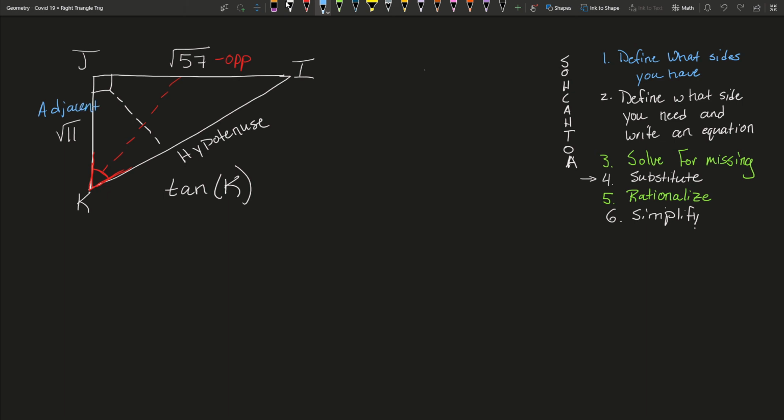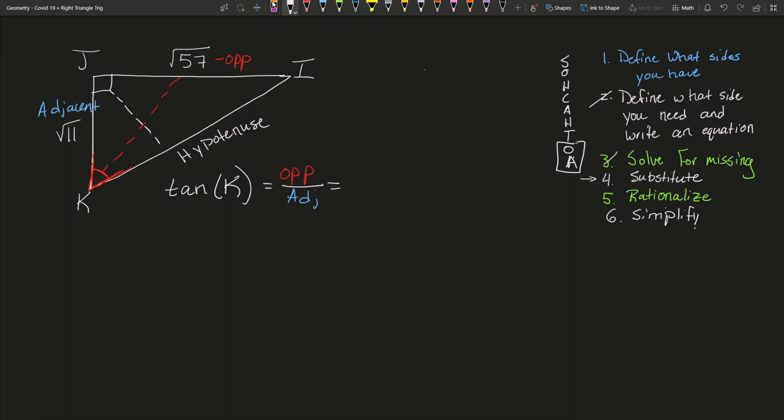So we defined what sides we have. We need, so tangent is going to be opposite over adjacent. And we have both of those sides, so we don't need to solve for any side here. So we don't need to write an equation. We don't need to solve for the missing side. We really just need to substitute.